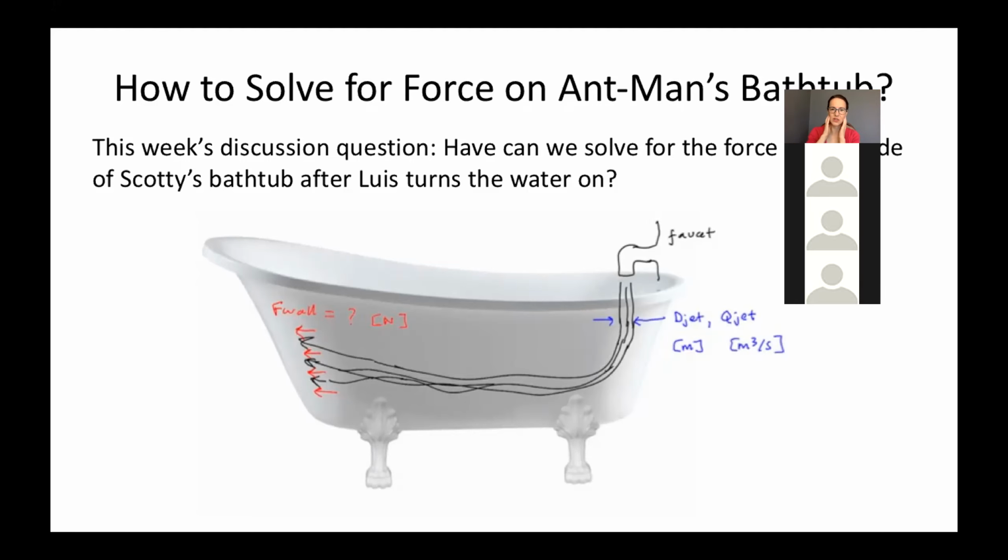I'm asking you to think about this in terms of the forces on the wall. If we know all the properties of this jet from the faucet, the diameter of the jet, so we know the cross-sectional area, the velocity of the jet, so we know the flow rate, how do we begin to solve for the force on the wall of the tub from the water?